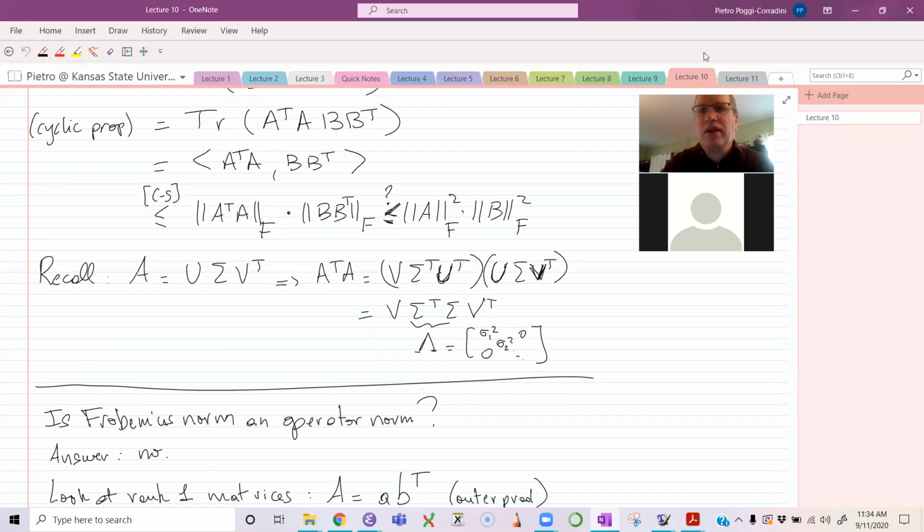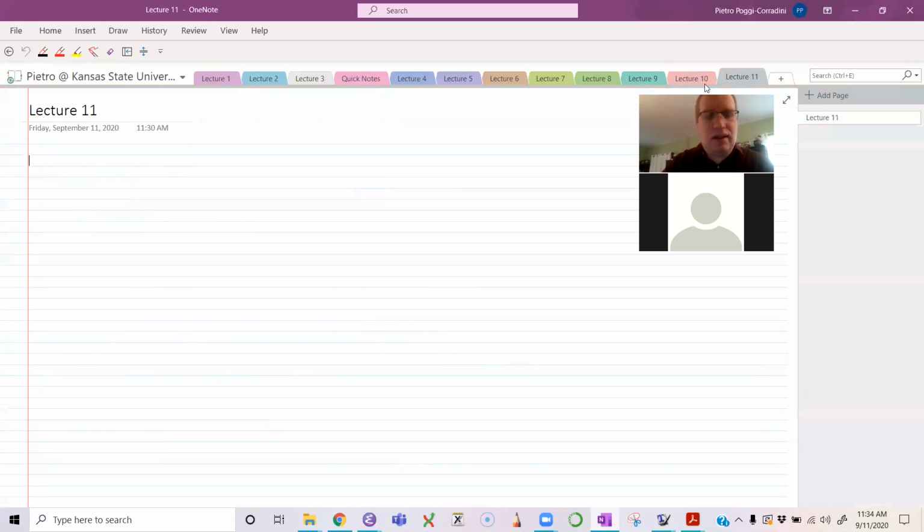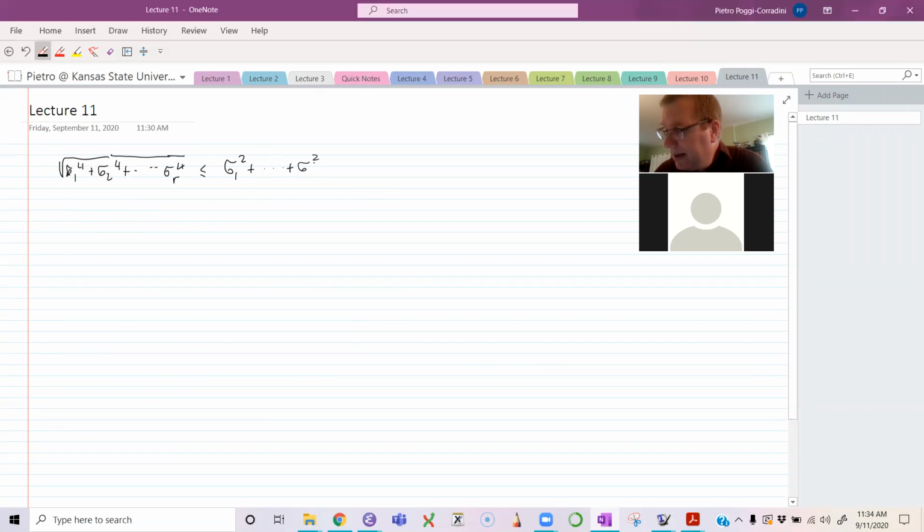You can write on this. Maybe let me write right here on the new lecture. So basically, we're saying that the square root of that, sigma r, is less than the square, which eliminates the square root, of the sum of the squares.